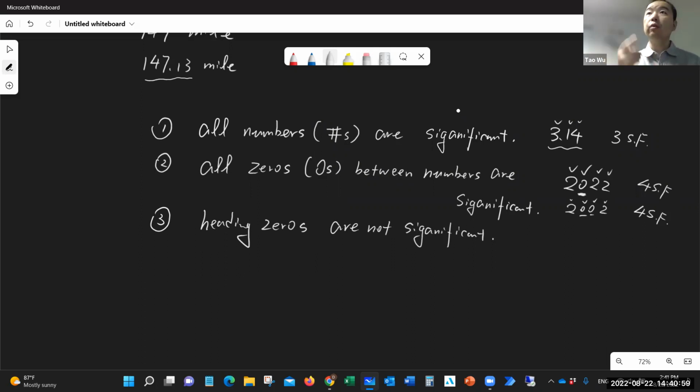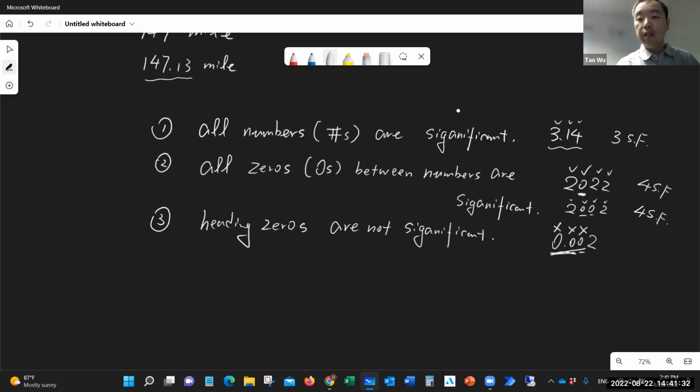Only when we have decimals, right? Like 0.0002. Those are all heading zeros. Just to make sure, it's not just the first zero before the decimal point that is a heading zero. It's everything before the number that is all heading zeros. So this zero does not count, this zero also does not count, this zero also does not count.